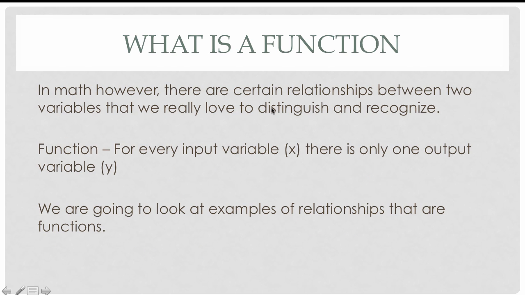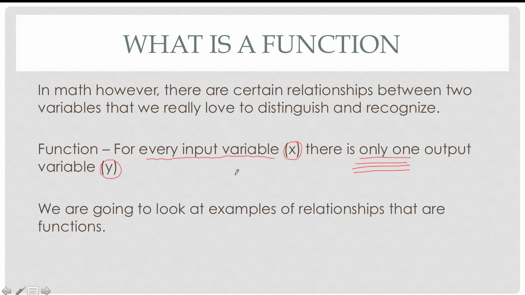So in math, as we're working with all these relationships, points, graphs, tables, we love to distinguish in these relationships when we have a function. So functions are this big idea, and all a function is in math is, for every relationship, if there's an input variable x, and for each x there is only one, that's the big idea, only one possible output variable y, then we call that relation a function.